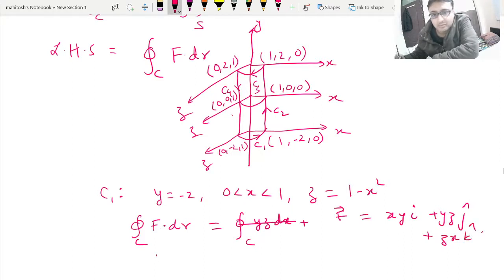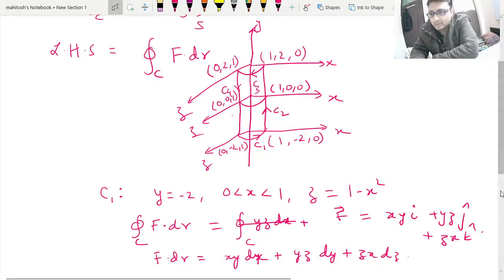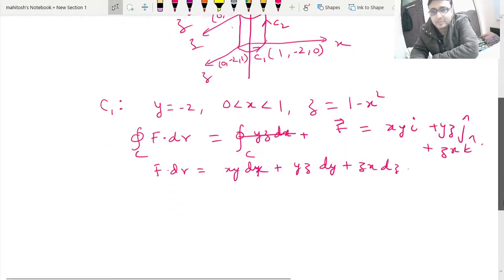So F dot dr is xy dx plus yz dy plus zx dz. So that's the case.